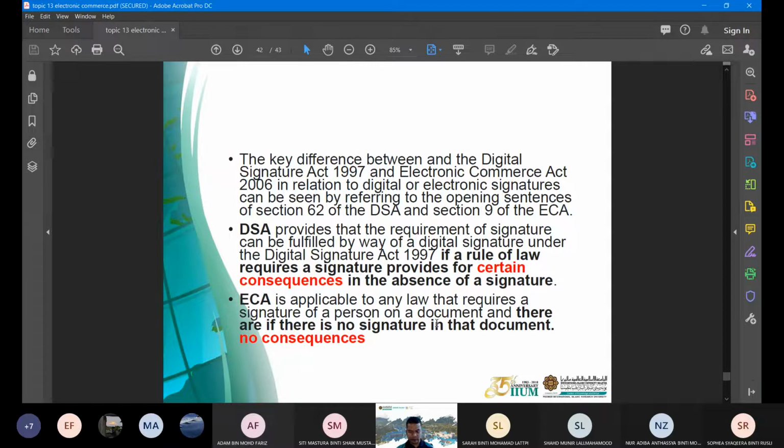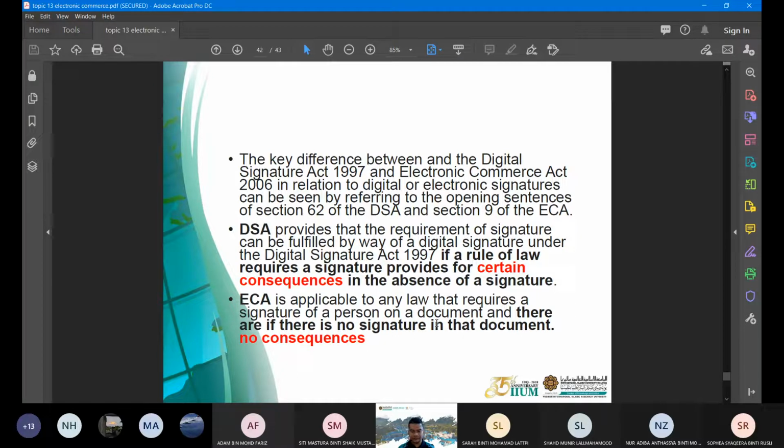So they have to use digital signature, because if they don't use digital signature, which has all this encryption and whatnot, then they might be in breach of certain requirement, compromising certain set of security regulations. So maknanya kalau dia tak guna tu ada some implication to them.